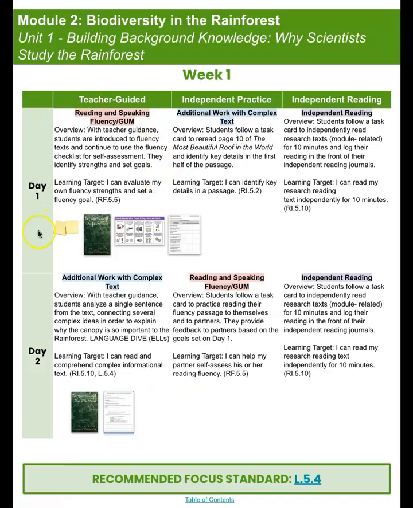All right, so that first day in the teacher guided group, you will be working with reading, speaking, and fluency. So each student will have their own excerpt from The Most Beautiful Roof in the World, and you'll differentiate based on their last fluency goals in Module 1. So the purpose of the fluency this time, even though it doesn't specifically say it, is you're explicitly teaching and modeling how you read with punctuation.